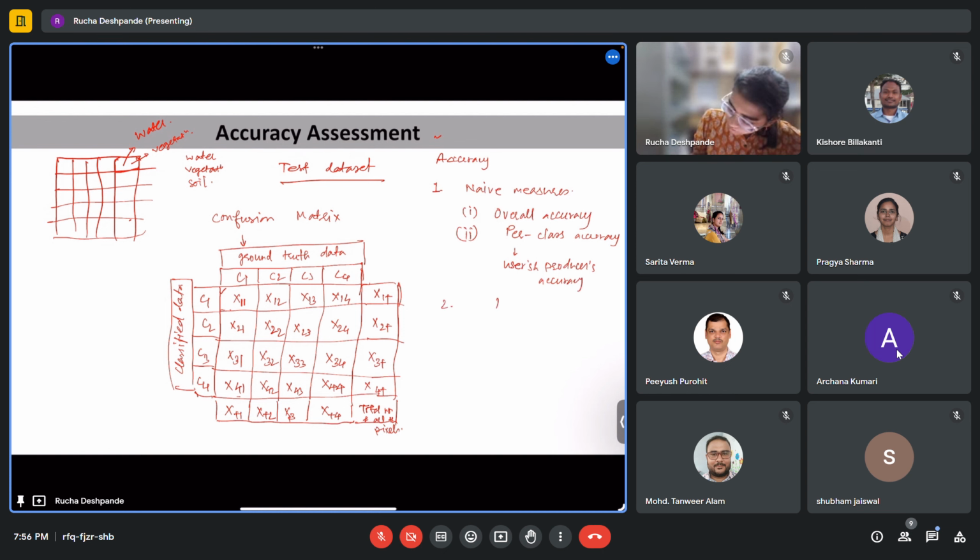Second, we have the kappa coefficient. And there is the tau coefficient and so on.